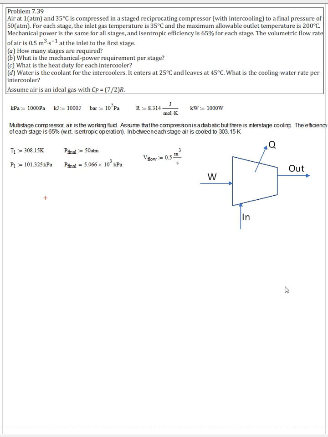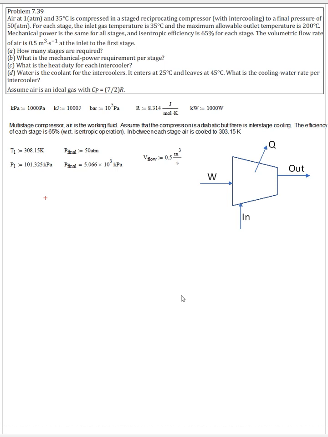The volumetric flow rate of air is 0.5 cubic meters per second at the inlet to the first stage. So we want to know how many stages are required, what is the mechanical power requirement for each stage, what is the heat duty for each intercooler, and if we use water as a coolant for the intercoolers and it enters at 25 degrees C and leaves at 45 degrees C, what is the flow rate of the cooling water that we're going to have to use for each intercooler.